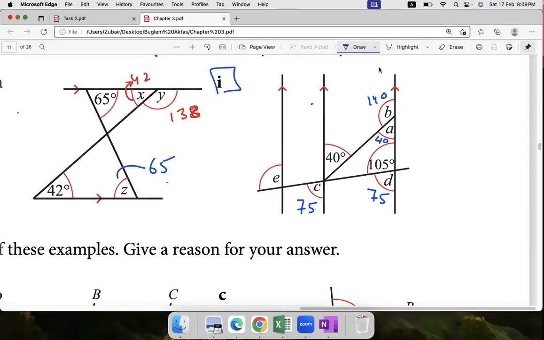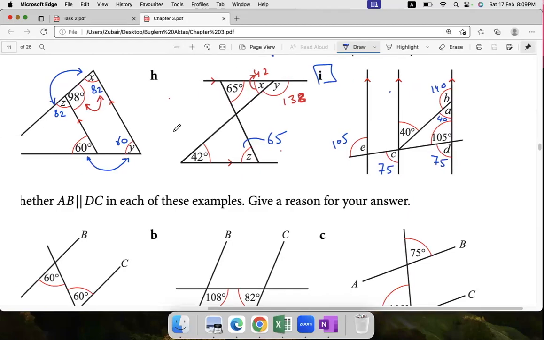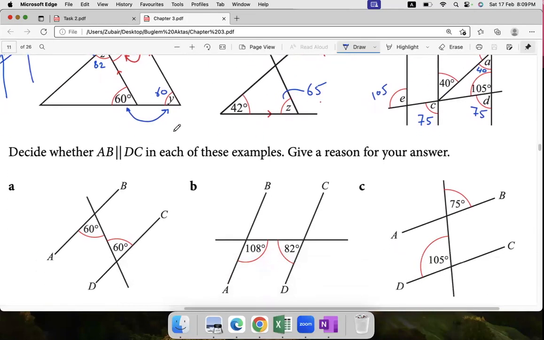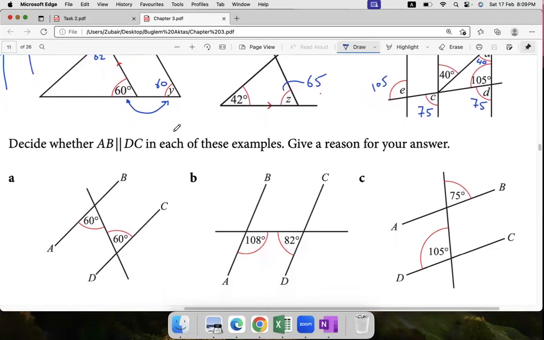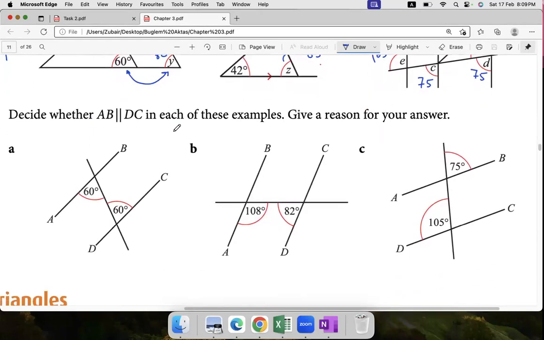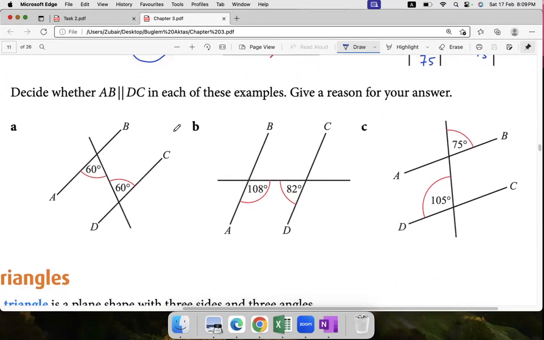You see, there are three parallel lines: 105, 105, 105. So E is again 105. That's very rare. Sometimes the examiner says to write the reason or property for every step you do. So that is why I'm asking you to recall.